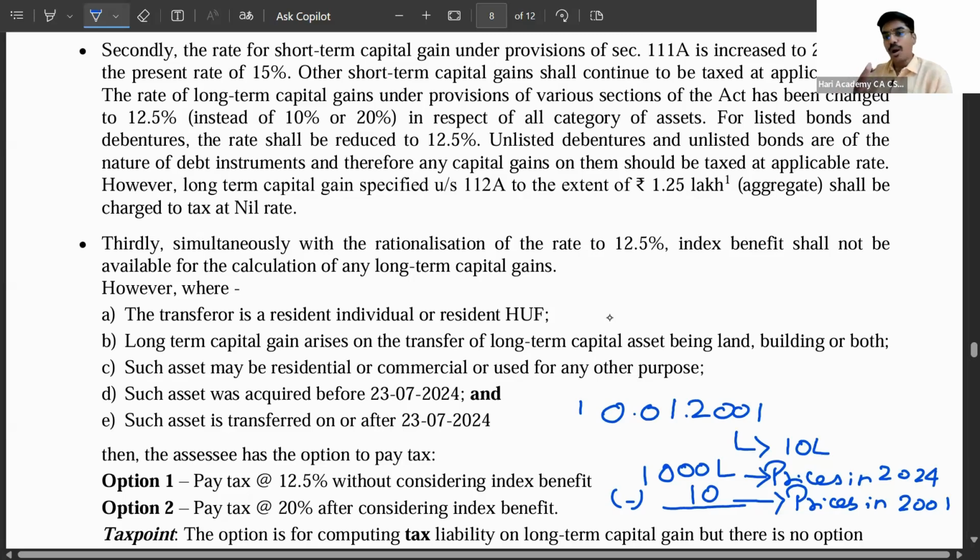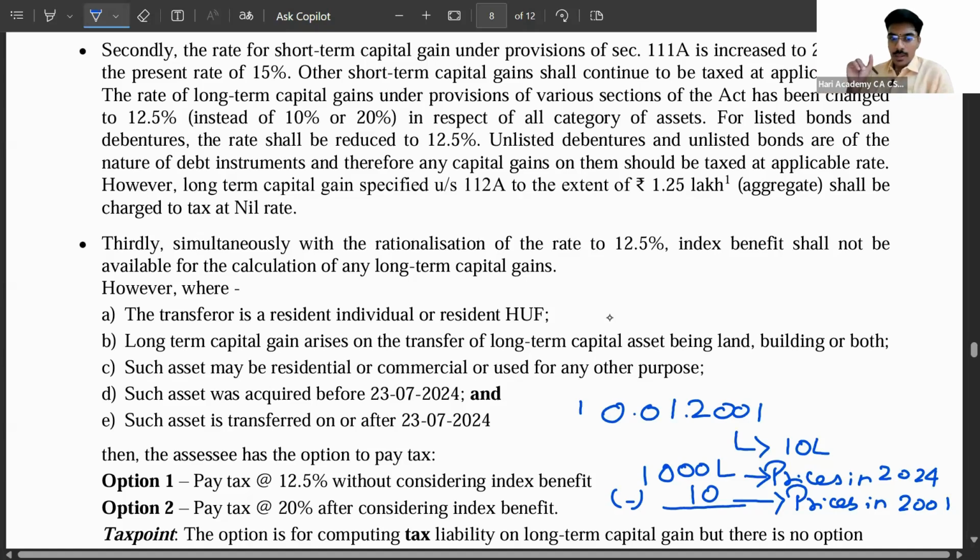But if the property is already acquired before 23rd of July 2024 and it is only transferred after 23rd of July 2024, the assessee has an option. The assessee has an option to opt either for a method which has indexation or a method which does not have the indexation.